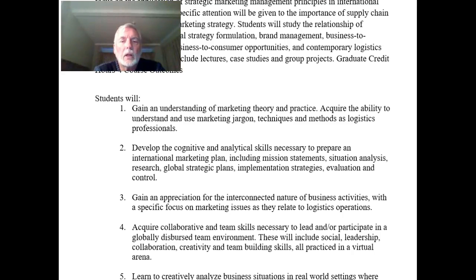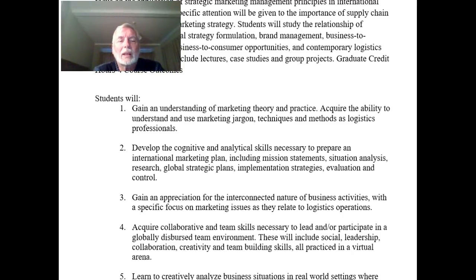So understanding, being able to analyze a current situation, how to do research on that situation, arriving at a strategic plan that is global in nature, that is international in nature, strategies to implement your plan, and how to evaluate and control the plan after it's implemented.